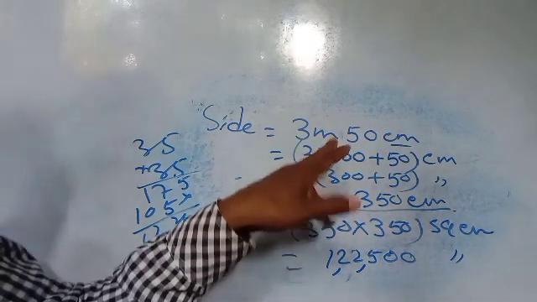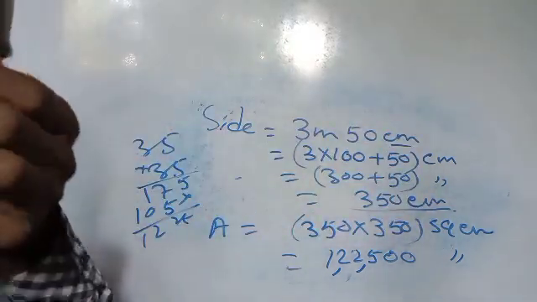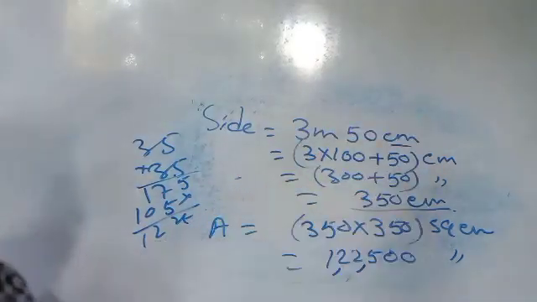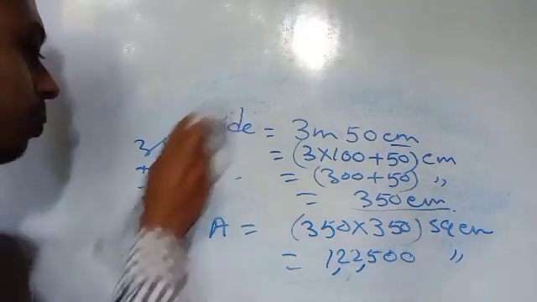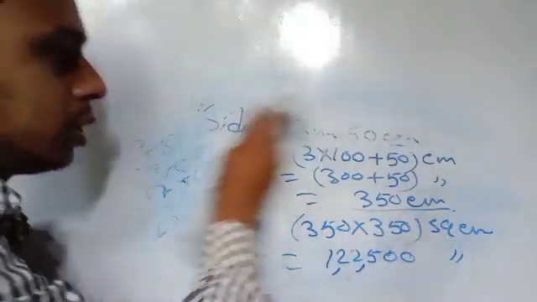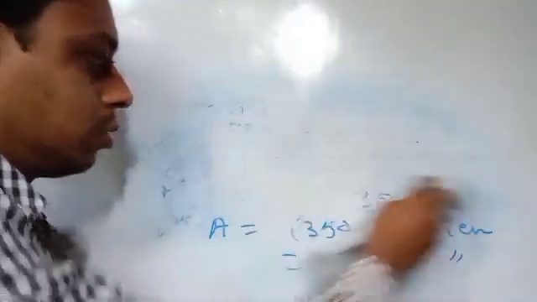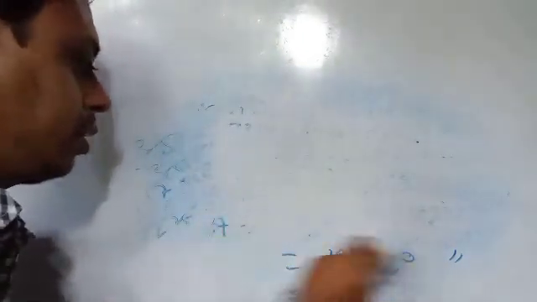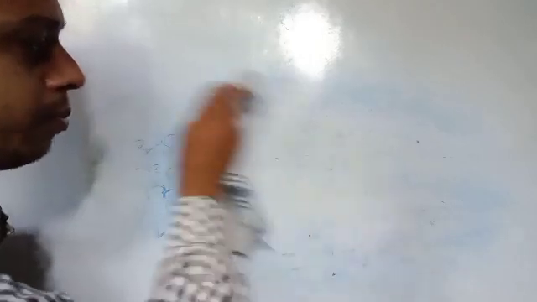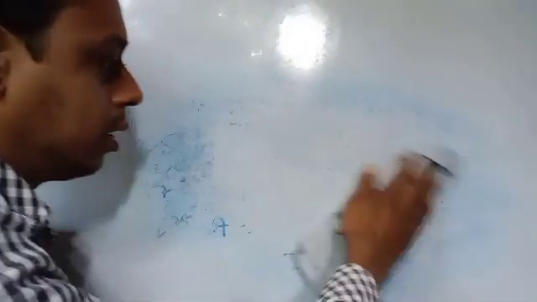So this is the way. If it is given in terms of two units, one is meter, another is centimeter, or meter, decimeter, whatever it may be, or centimeter, millimeter, then you have to convert into the smaller unit. And after converting, if you multiply side and side, then you will get the area of the square. So this is very simple.